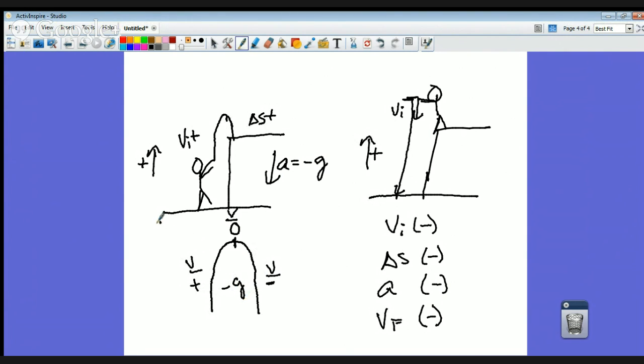So when we're talking about positive and negative, you can kind of imagine it like this. Here's 0 height, and maybe this is like plus 100, and then down here is minus 100 or minus 50 or whatever. This would be position.